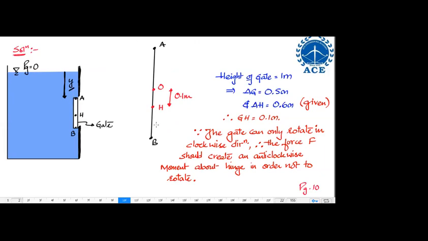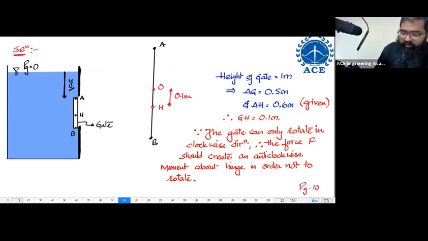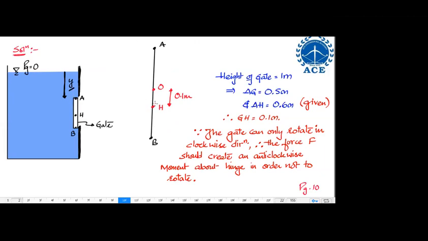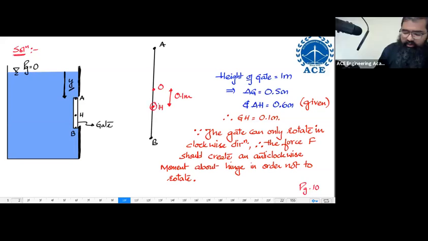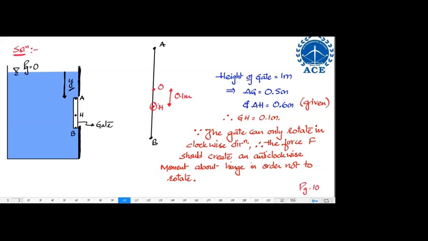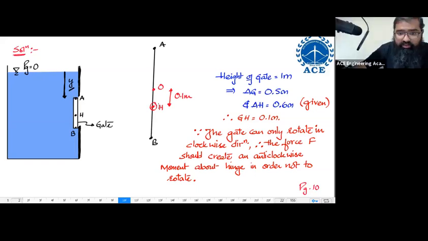Okay. Now you see, this gate can rotate about which point? About the hinge. So let us say the hinge is something like this. Now, do you want it to rotate or not rotate? It should not rotate. Perfect. The aim is the gate should remain closed. That is why it is called a gate.